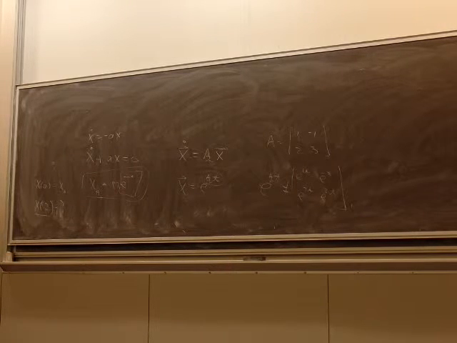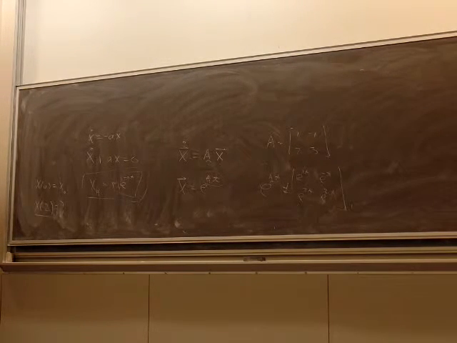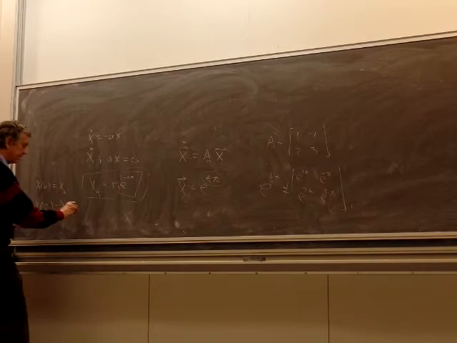Any thoughts on how to do that? You plug in for time 0 and have your answer. Well, at time t equals 0, what is the answer? Huh? I can do this.